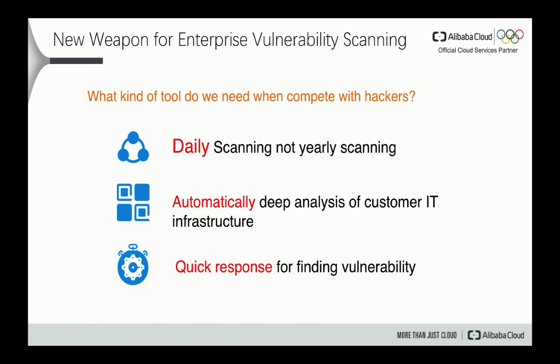It will be much faster than the traditional way to scan for vulnerabilities. And it automatically does deep analysis of the customer IT infrastructure, which means it will go from one entrance and intelligently go through all the hierarchy of your IT infrastructure and find all the possible vulnerabilities. And because it also automatically generates the report and the analysis, it's much quicker than the traditional way to do the analysis.